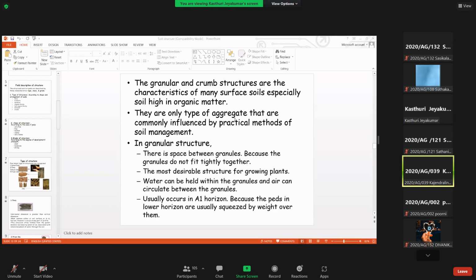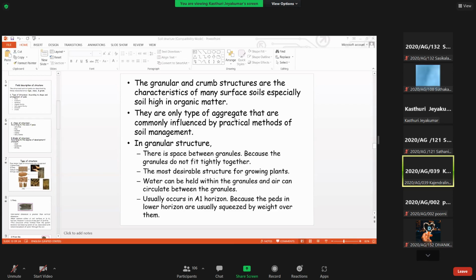Structure is the arrangement of the primary soil particles. After that, the ped is the natural aggregate. That primary particles include the organic substance, iron oxides and carbonates. Peds depend on natural primary particles such as sand, silt, clay.